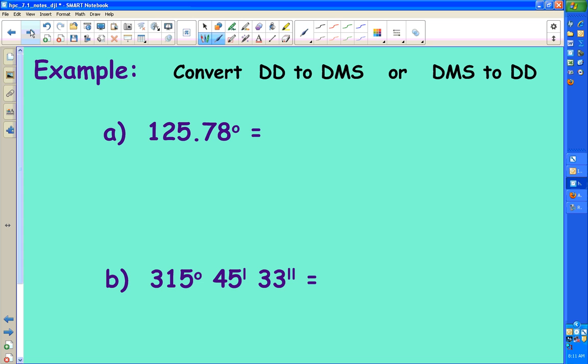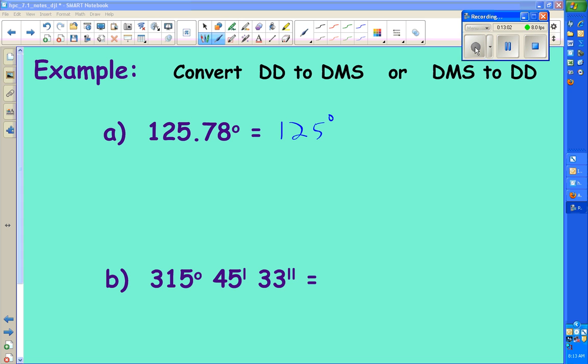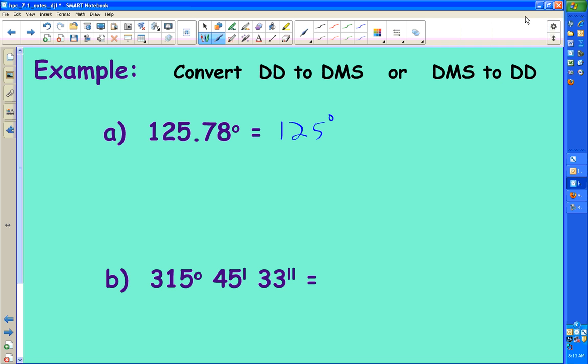Okay, change the degrees to degrees, minutes, seconds. Okay, so what do we do with the 0.78? Okay, so we're multiplying by 60 now.